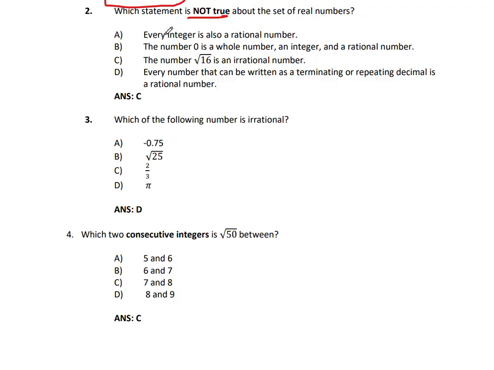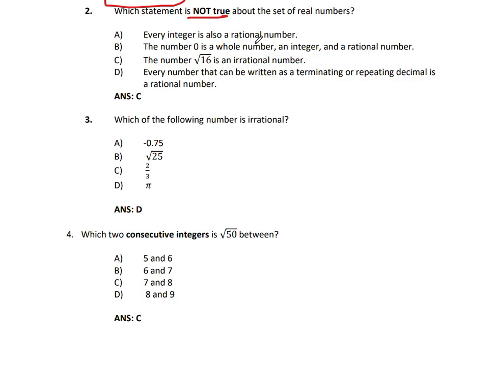So let's see which of these statements would not be true. Let's start with A. A says every integer is also a rational number. And this is absolutely true because integers are negative and positive whole numbers and zero, and all of those numbers can be expressed as fractions, as we illustrated in number 1.